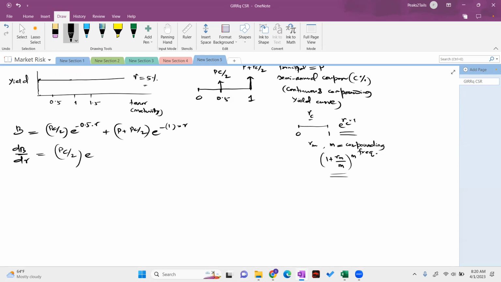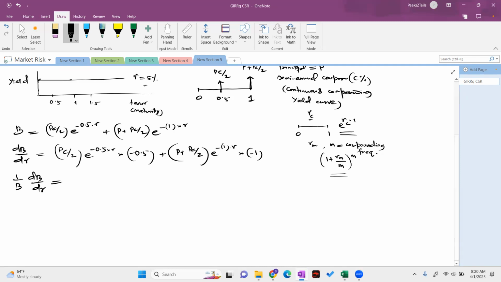PC by 2 is constant. E to the power something, derivative is the same, times derivative of minus 0.5 times R with respect to R, which is minus 0.5, plus P plus PC by 2 e to the power minus 1 into R times derivative of minus 1 times R with respect to R, which is minus 1. Now I'm going to divide the bond value on the left hand side, also on the right hand side.